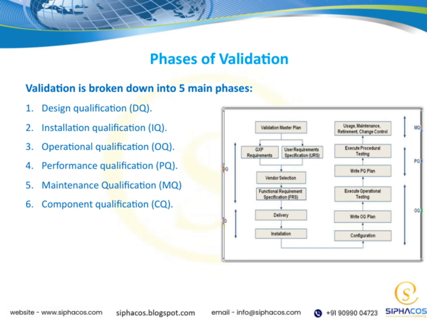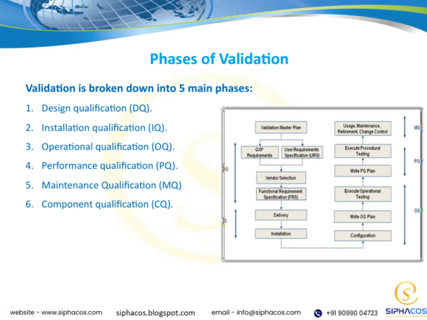And don't forget about component qualification, CQ, which focuses on validating individual parts or components to ensure they meet necessary quality standards. Understanding these phases helps us see the bigger picture of how validation ensures quality, safety, and compliance throughout the life cycle of a system or equipment.